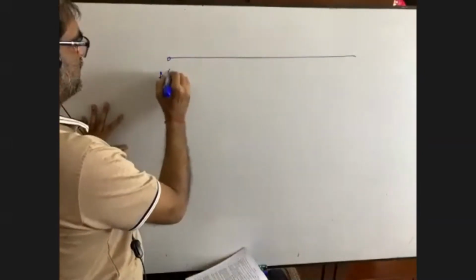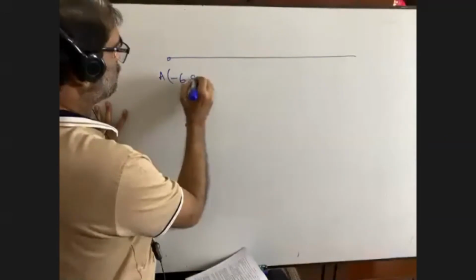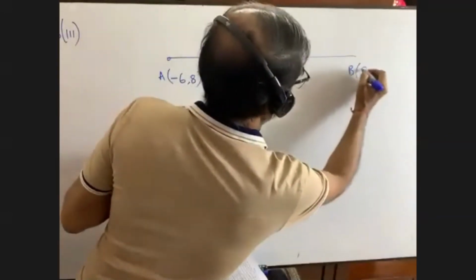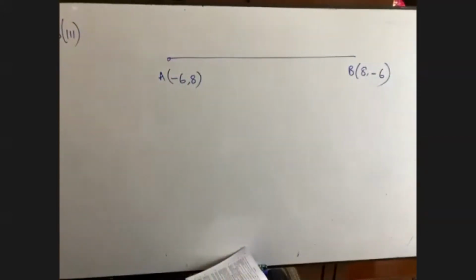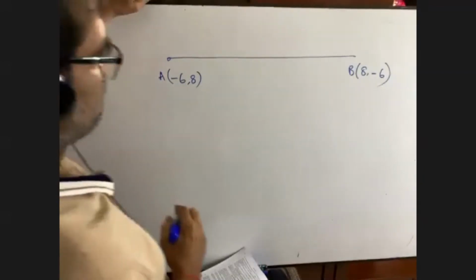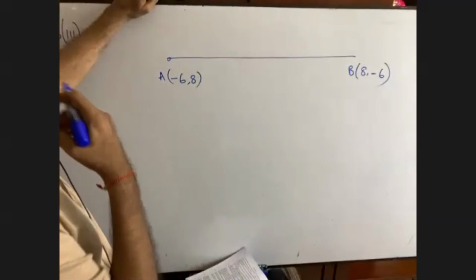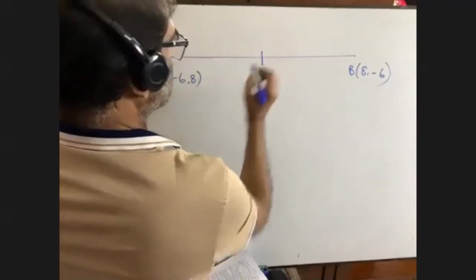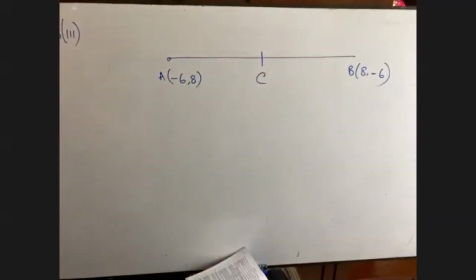Suppose it is A, very easy and simple math, (-6, 8), and here it is given B, (8, -6). It is given that AB has been divided into four equal parts. So you name it C. C is the midpoint of AB.